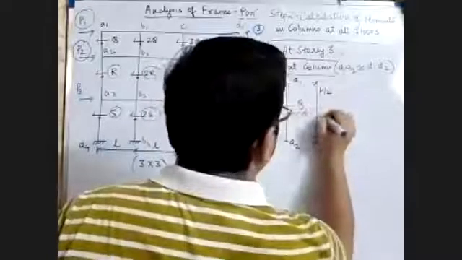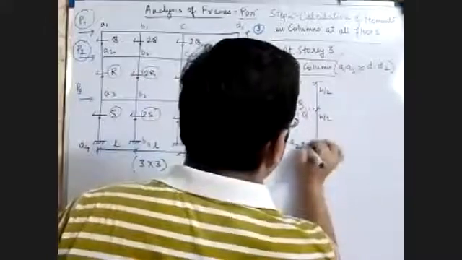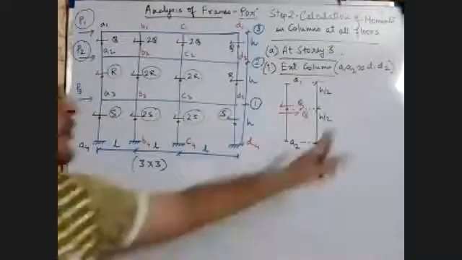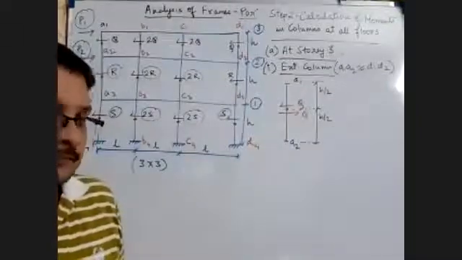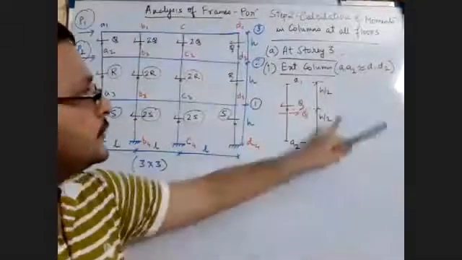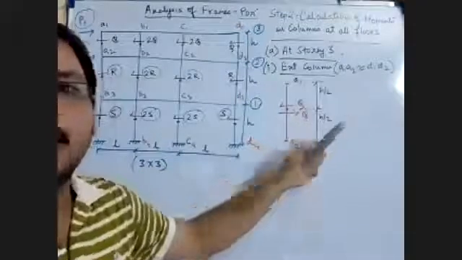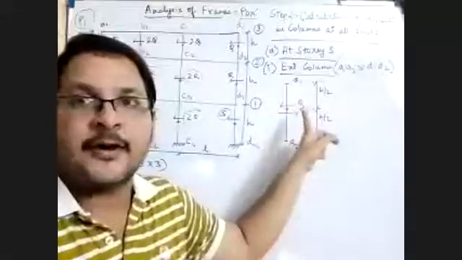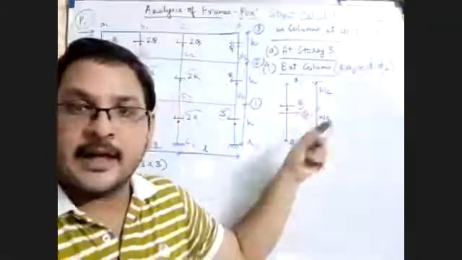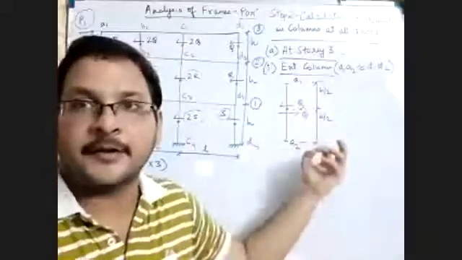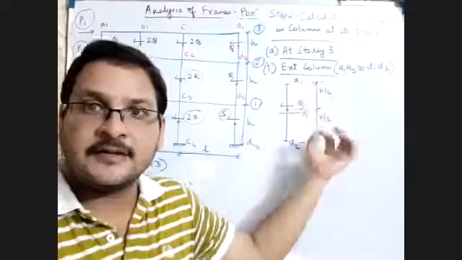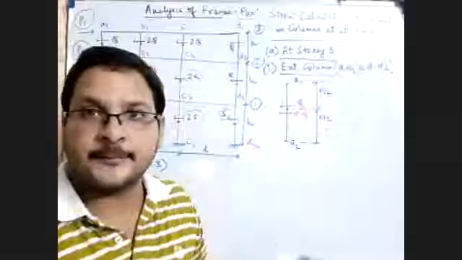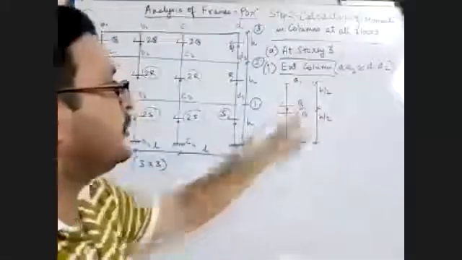I told you why h by 2: the point of contraflexure lies at the midpoint of all the columns, and for beams it is also at the midpoint. So we have Q into h by 2.